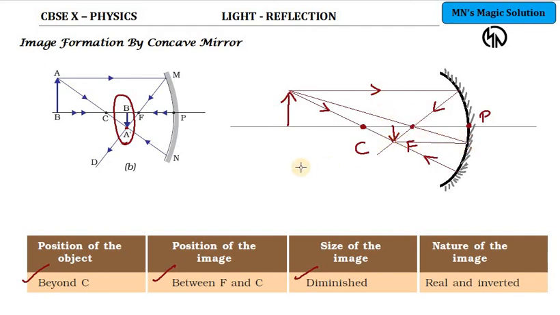So the point where it meets will be this one. And also you have another ray, the ray which is passing through the pole. After reflection it will pass such that the angle of incidence is equal to the angle of reflection. So accordingly, out of the 4 rays any 2 rays you can draw, and wherever they intersect, that point is where you draw your image.